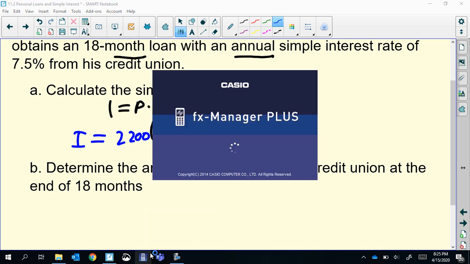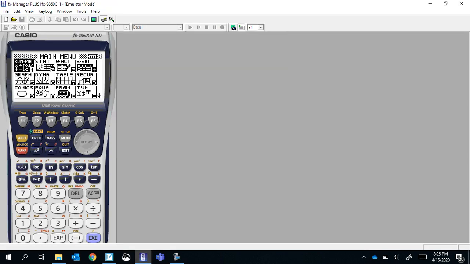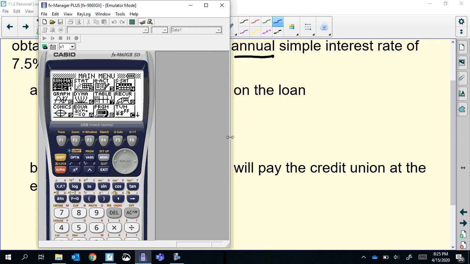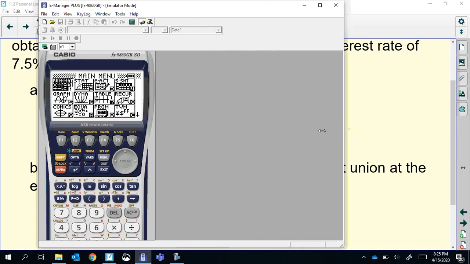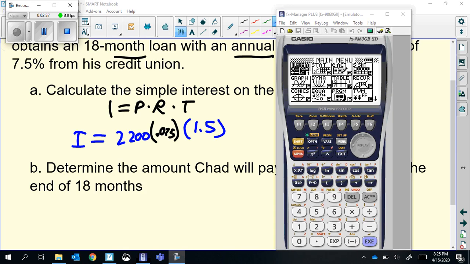So let's get out our handy dandy calculator. All right, I fixed up my window on that a little bit.